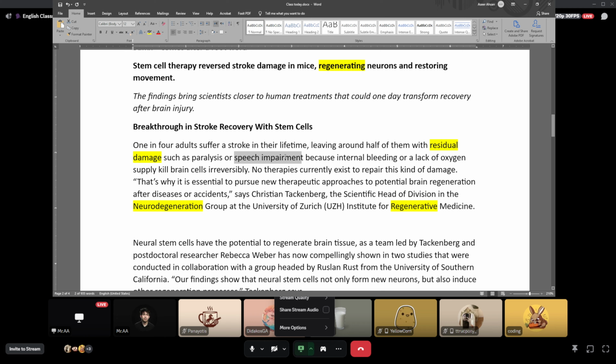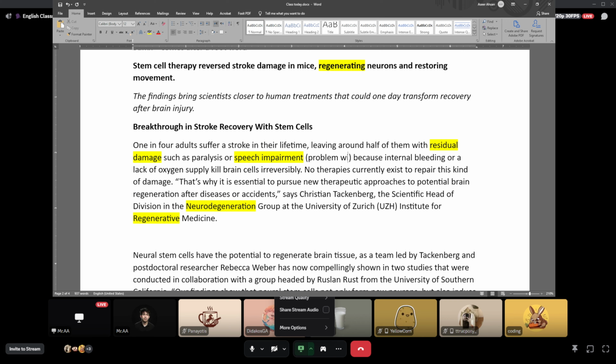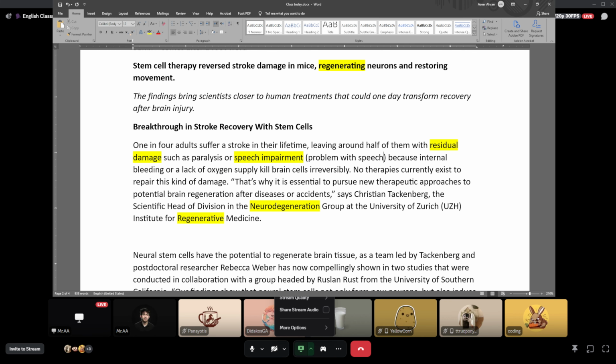What is the meaning of the word speech impairment? Does anyone know? It means problem with speech. Impairment means a form of illness, a problem. And speech is self-explanatory. When someone faces a problem with speaking, that is what we know as speech impairment.